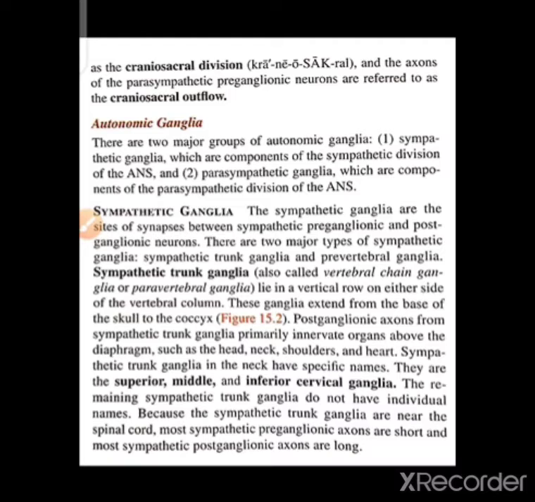Okay, now we'll consider the sympathetic nervous system of the autonomic nervous system. One part of the autonomic nervous system is the sympathetic nervous system, and the other part is the parasympathetic nervous system.